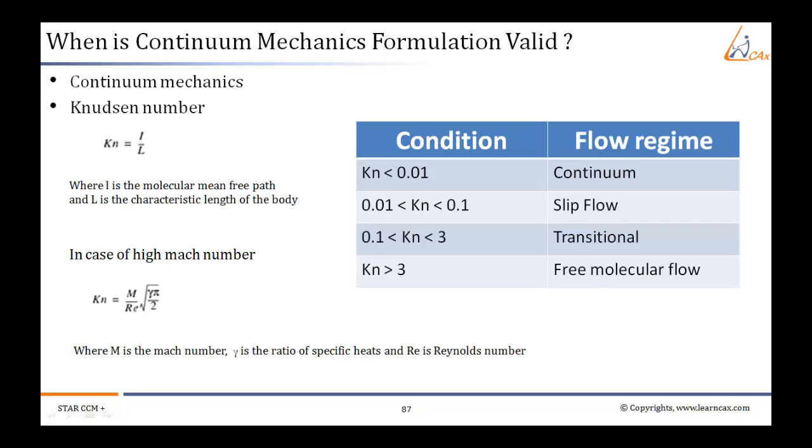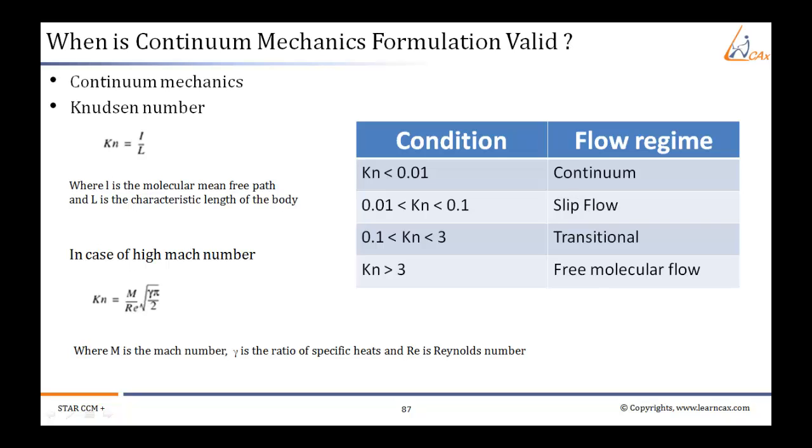CCM Plus can be used in the continuum regime where the Navier-Stokes equations are valid. In the slip flow regime, the Navier-Stokes equations can produce good results. However, the effects of rarefaction must be taken into account through slip velocity boundary conditions and accounting for temperature jump on the surface.